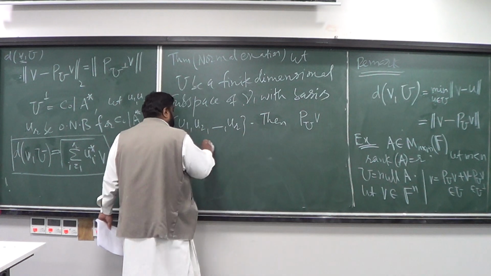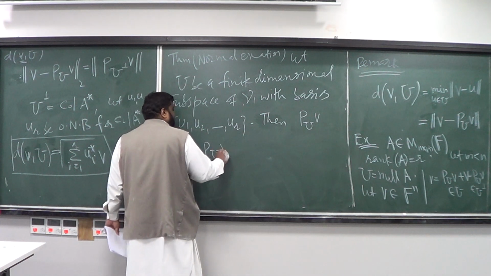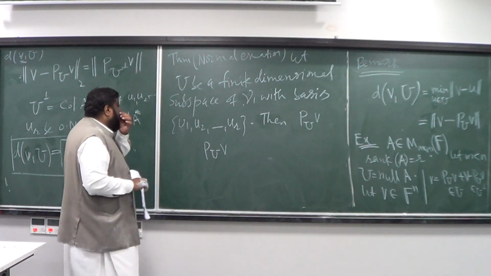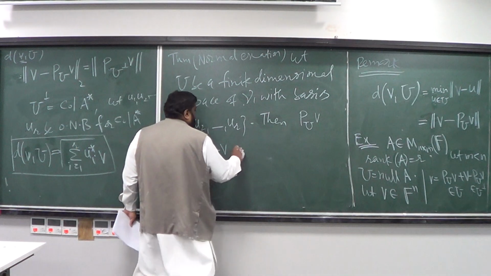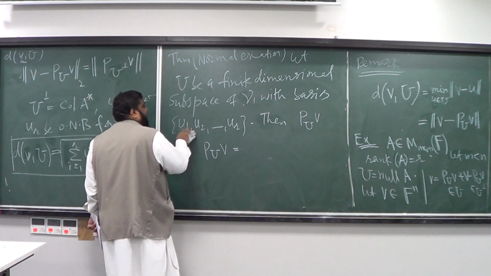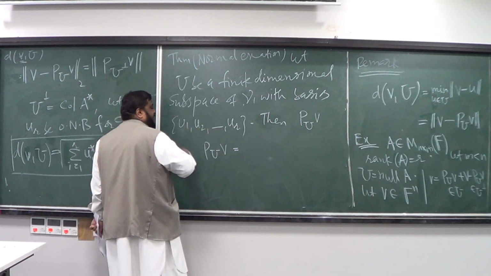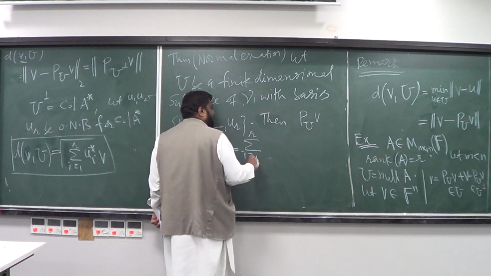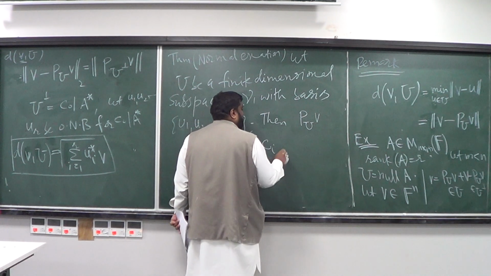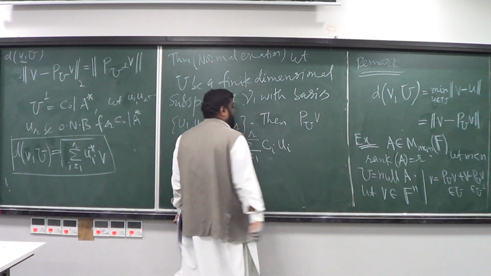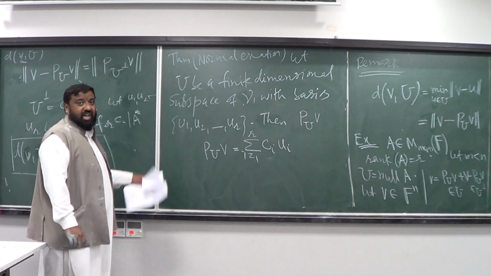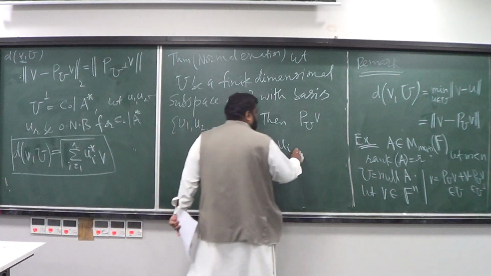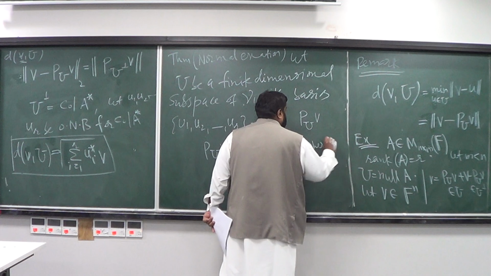Obviously, the orthogonal projection of V onto U is an element in U. So if it is an element in U, you must be able to write it as a combination of these vectors: the sum from i equal to 1 to r of c_i u_i. Question: how do we find these c_i?